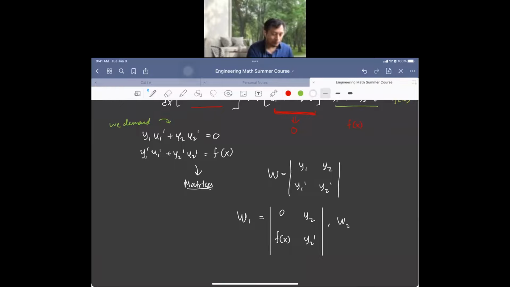And for W2, we substitute the y2 and y2 prime column with the right side of the equations, which is 0 and f of x.